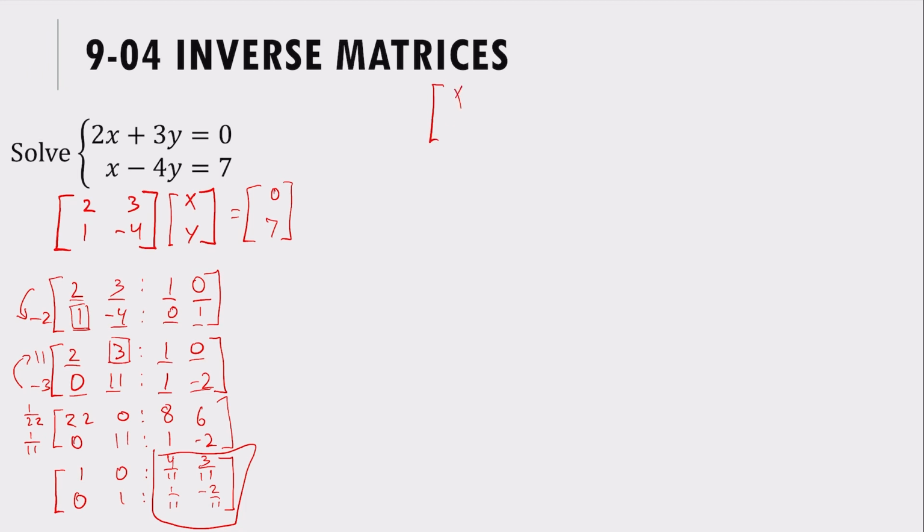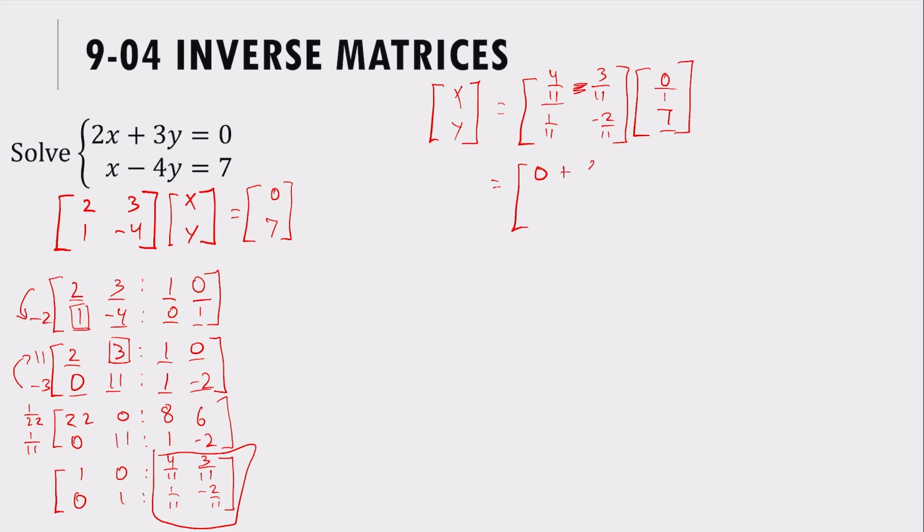To solve this system, I simply take the inverse. It's going to go first. And multiply it by the constants. So I'll do the first row, first column, so I'll have 4/11 times 0 plus the 3/11 times 7.